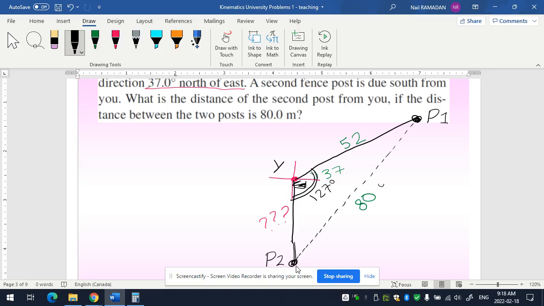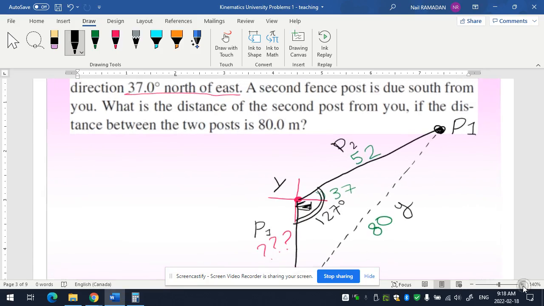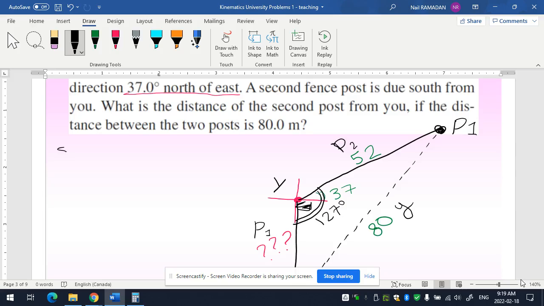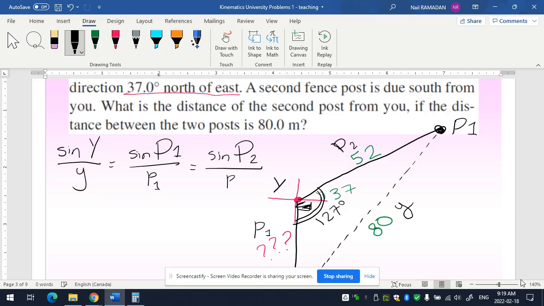So that means this will be Y, this will be p2 in lowercase, and the one we're trying to find is p1. Okay, sine law. Sine Y over y equals sine P1 over p1 equals sine P2 over p2.